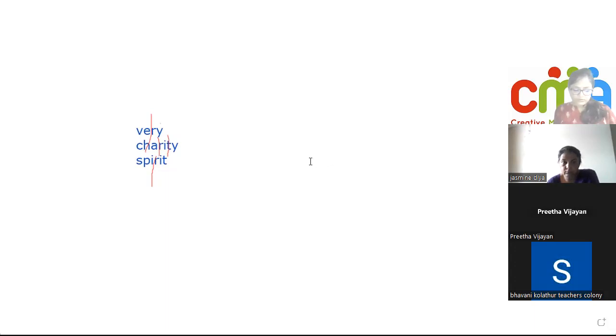Also, the R effect will not work even if R is in the same syllable, if the next letter is R. Like here in the word charity, why is it not char? It is in the same syllable, but still there is no R effect.